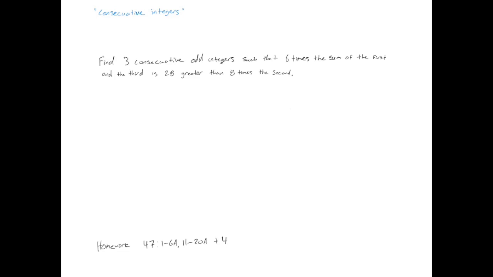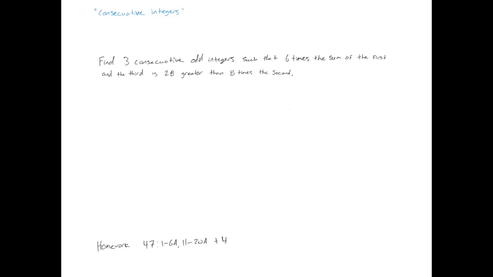Alright, consecutive integers. Before we jump into a consecutive integer problem, we need to look at what the word consecutive integers mean. If I said I worked out for 5 hours consecutively, which is false, I never do that, consecutively means 5 hours right next to each other. And then integers are numbers like 1, 2, 3, 4, 5, or -2, -3, -4.